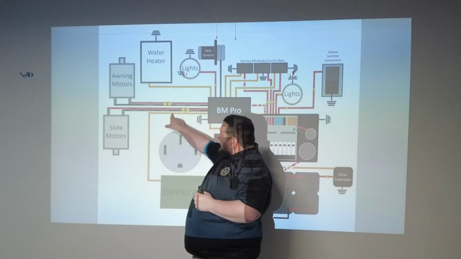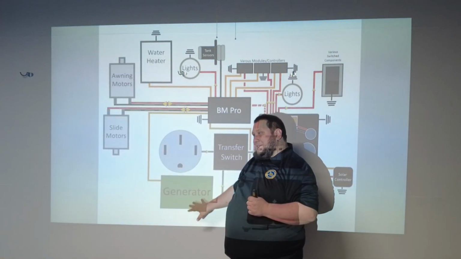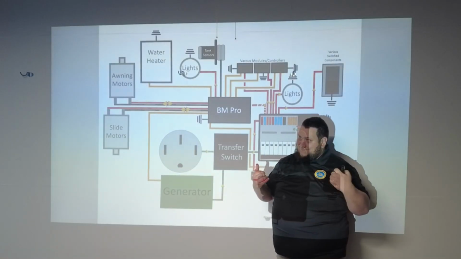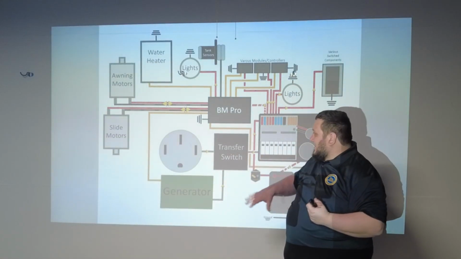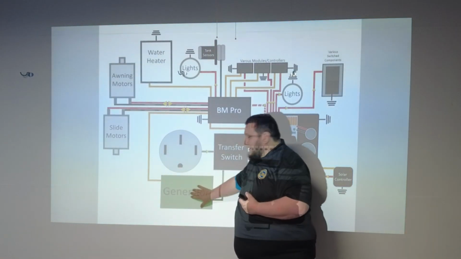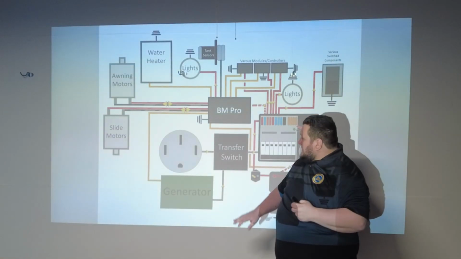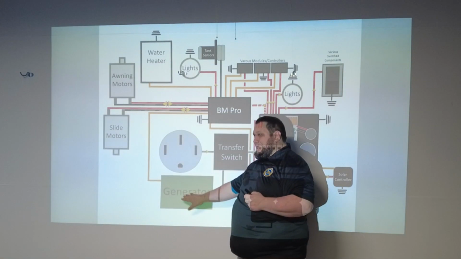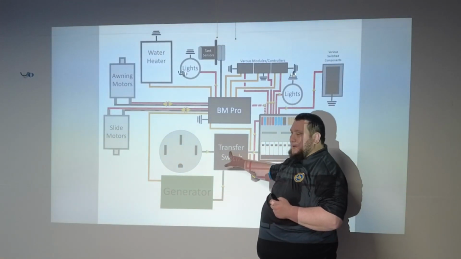And from our BM Pro, we also send communication to our generator. Just like your car, generators start with a battery, right? So it's going to take battery power routed through your BM Pro to start your generator. Generator cranks, turns over. Now we've got AC power going to our transfer switch.